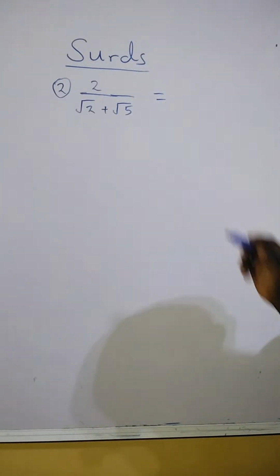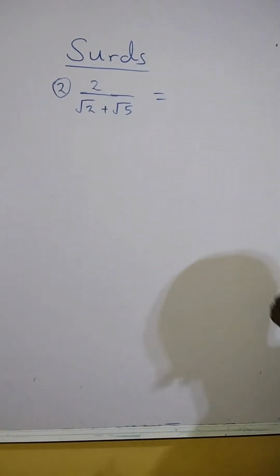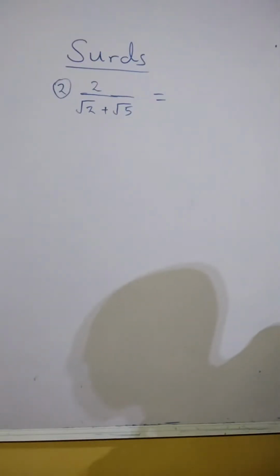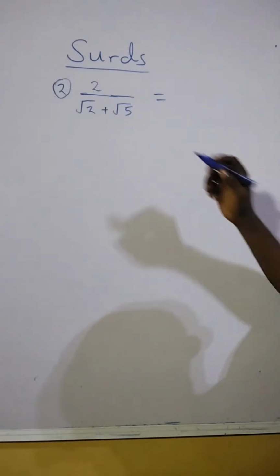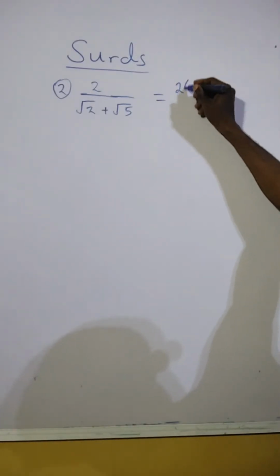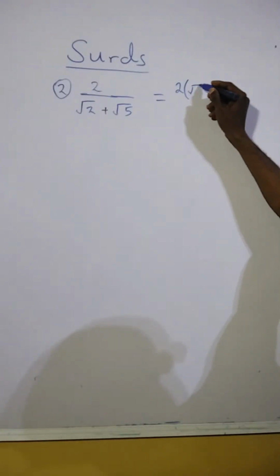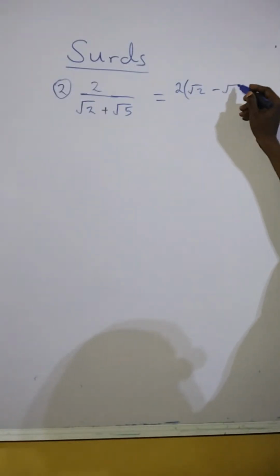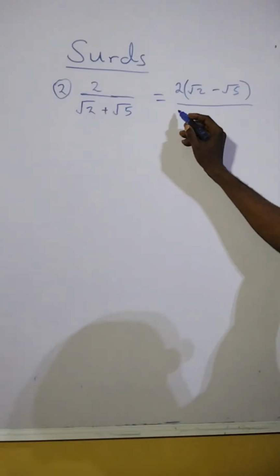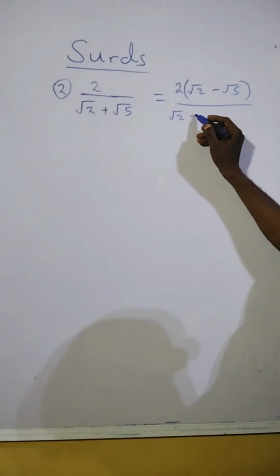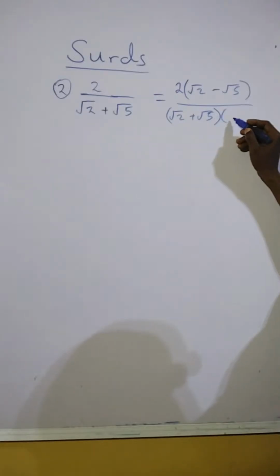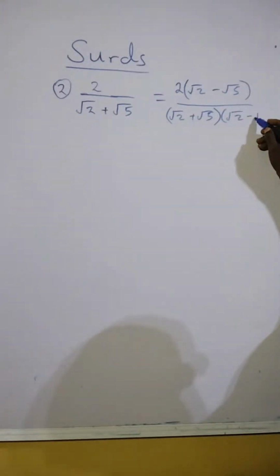We also rationalize this surd and multiply the numerator and denominator by the conjugate of the denominator. That is, here this becomes 2 times the conjugate surd here, that's root 2 minus root 5. Then divide by, also multiply this by the conjugate, that's root 2 plus root 5 multiplied by root 2 minus root 5.